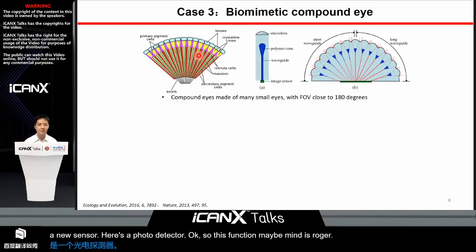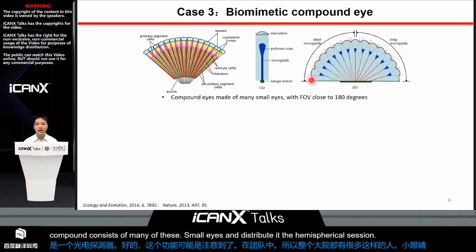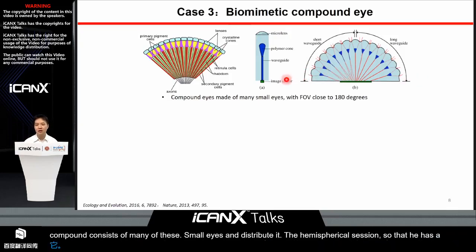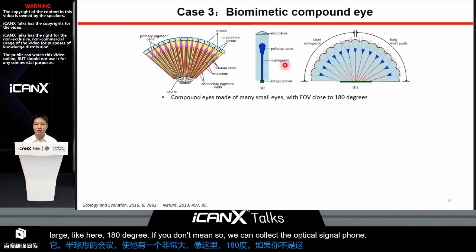One ommatidium. So the whole compound eye consists of many of these ommatidia, or small eyes, distributed on a hemispherical substrate, so that it has a very large, like here, 180-degree field of view. So you can collect the optical signal from a very broad angle.